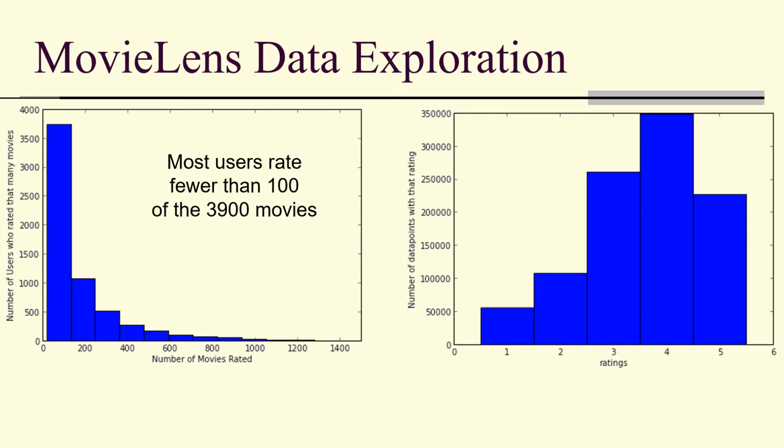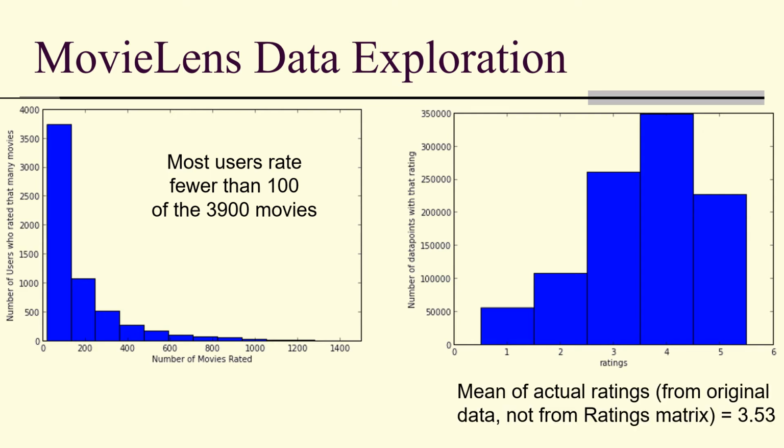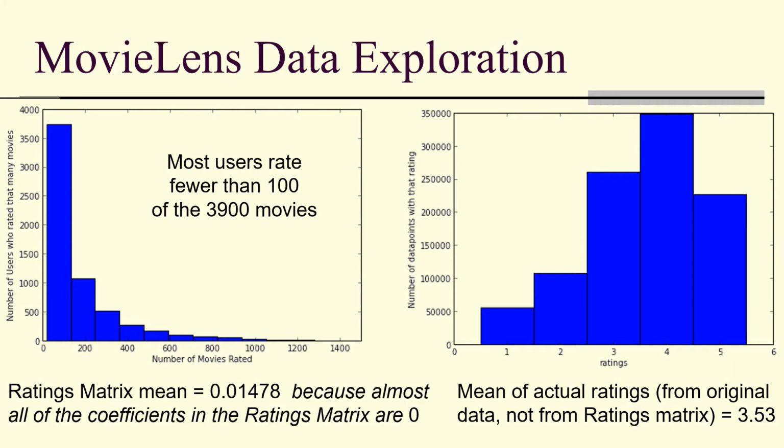Here are the actual ratings. The mean of the actual ratings is 3.53. But the ratings matrix mean, the mean of all the coefficients in the ratings matrix, all those blanks being replaced by zeros, is only about 0.014, because almost all of those coefficients in the ratings matrix are zero.